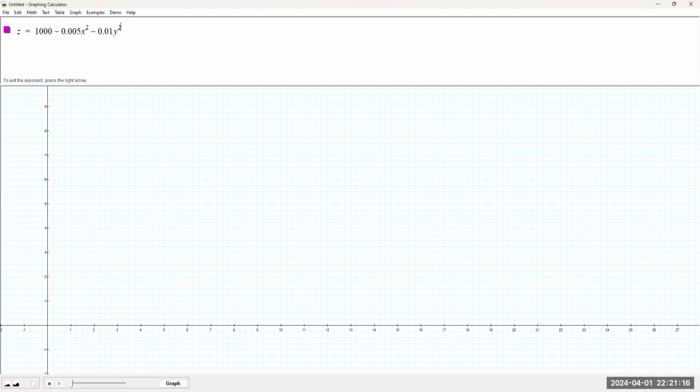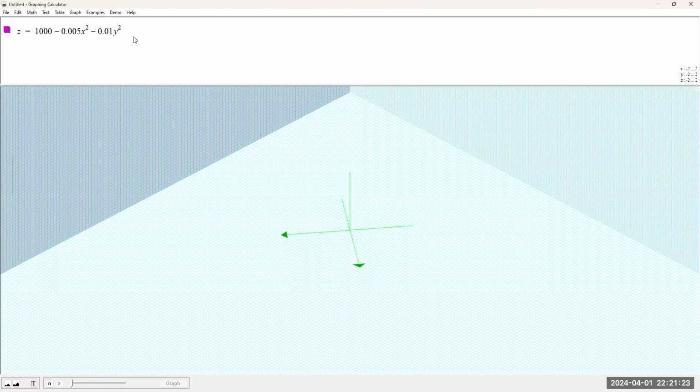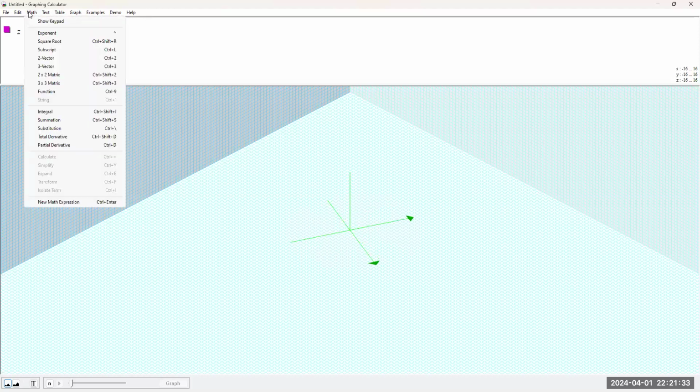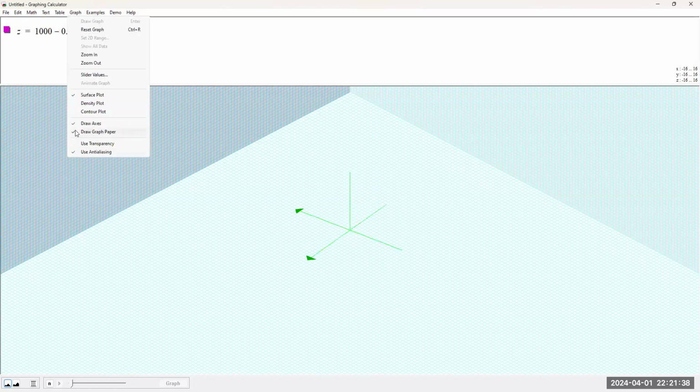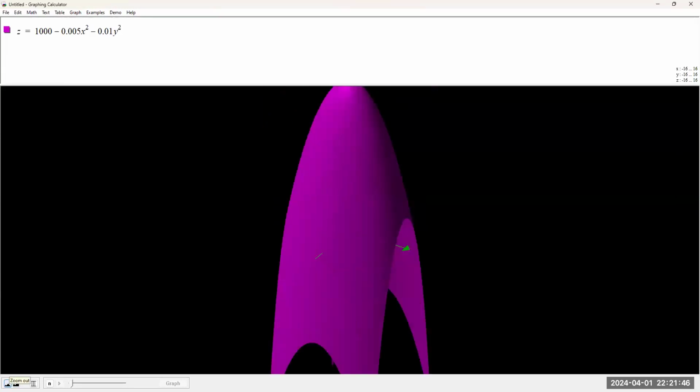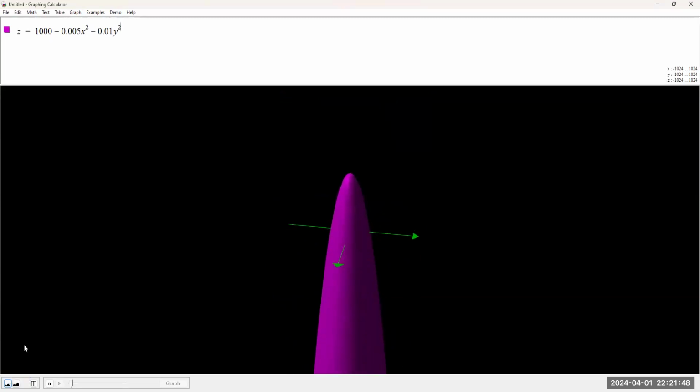Am I correct? Let's see what the graph looks like. Maybe we see it from far away. My bad, hold on. Okay, so that's what it looks like.